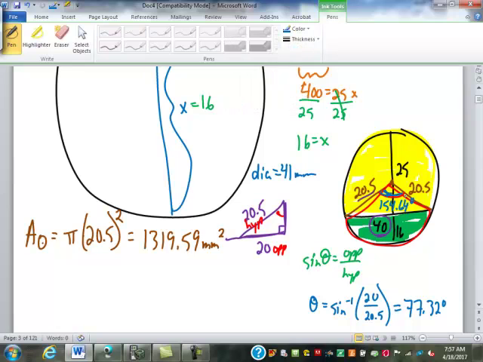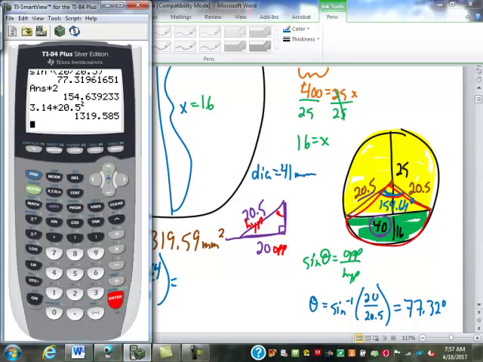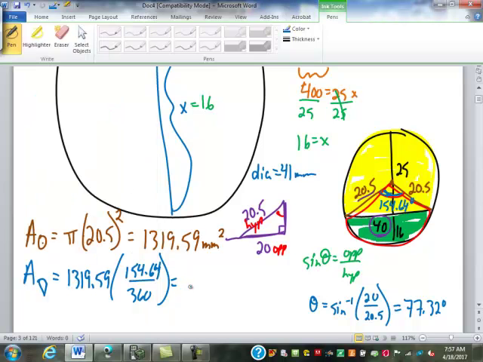Then we're going to find the area of that sector, which is the area of the whole circle, 1319.59, times that angle of 154.64 over 360. That's 566.84. So that's the area of that whole sector.